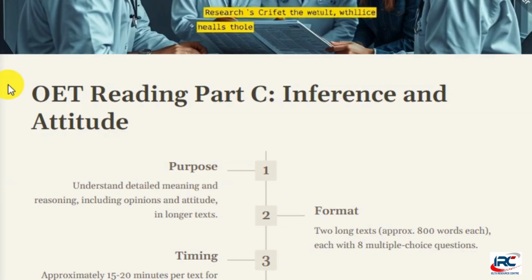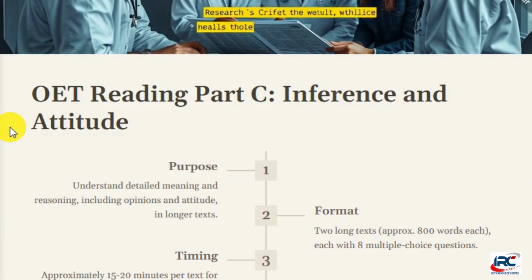So whether you are evaluating a new treatment approach, interpreting patient data, or staying updated on industry trends, the ability to infer meaning and recognize attitude is a skill you will rely on on a daily basis. So these are things you need to also take note of in part C when it comes to the OET reading section of the test.